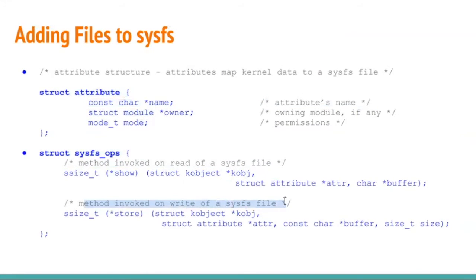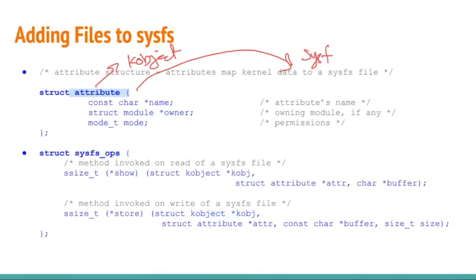This is the function we will invoke when we are writing to that particular attribute or file in the file system. I am using attribute and file interchangeably. Attributes in the file system are files. We export the attribute of the kobject. Attribute is a concept of kobject, and when it goes to the sysfs file system, then we call it a file. It is the same thing.